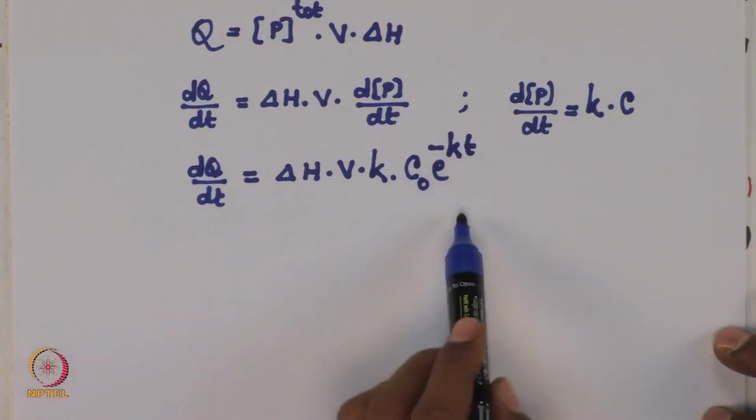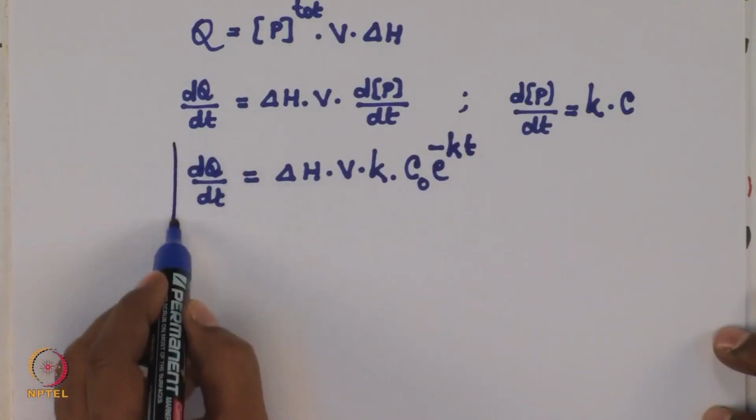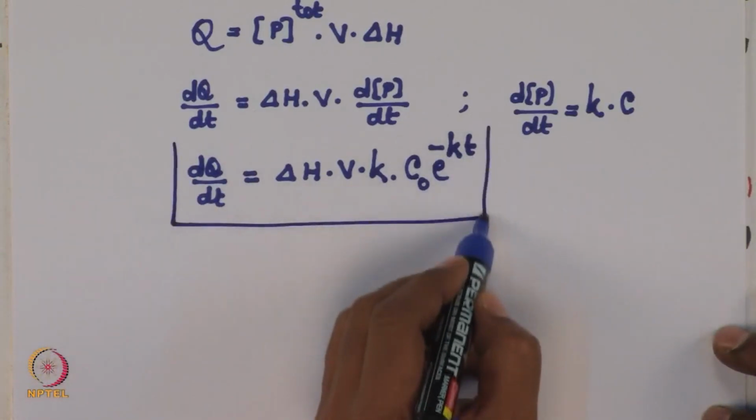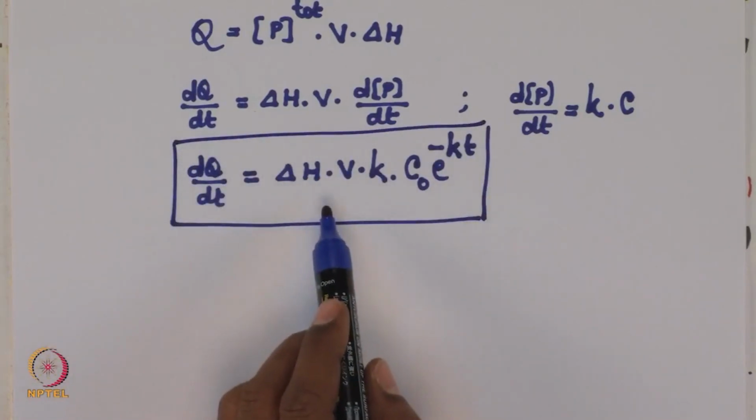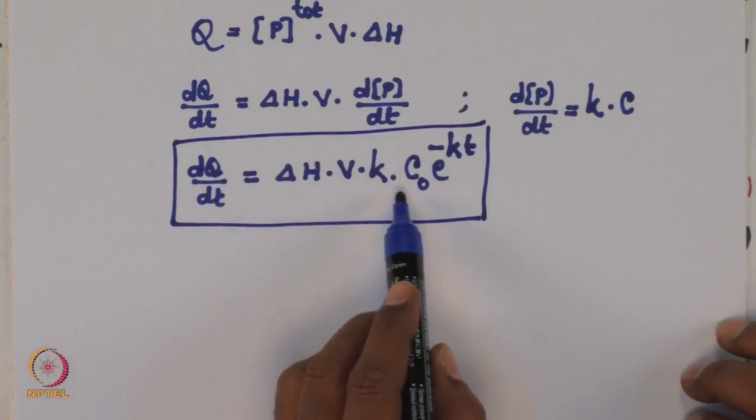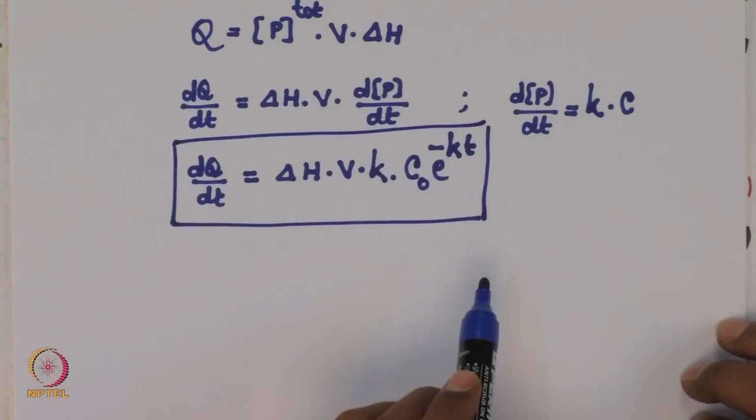This is what is expected for a first order reaction and connects the heat flow with delta H, volume and the rate constant.